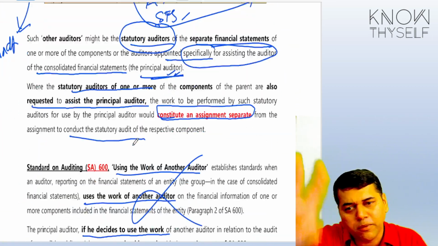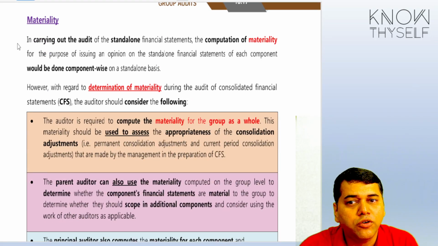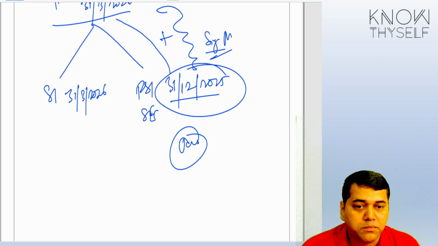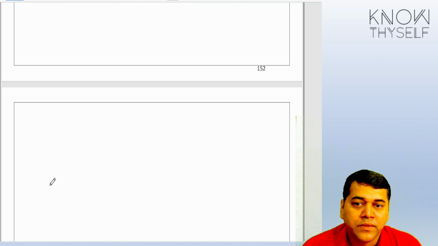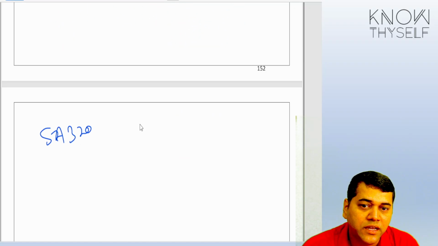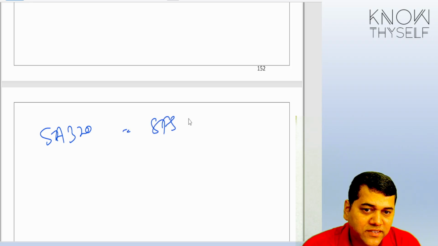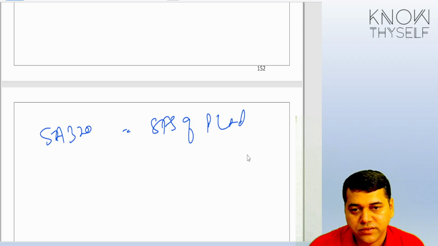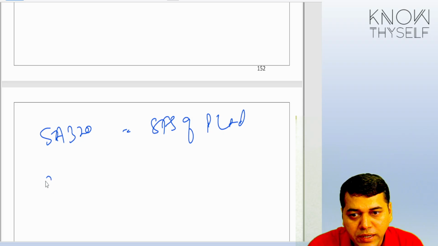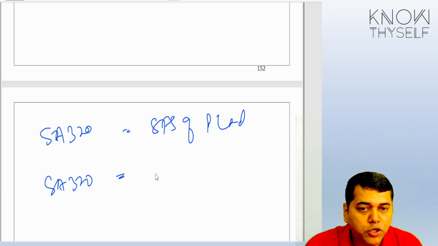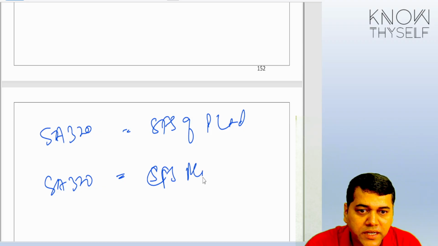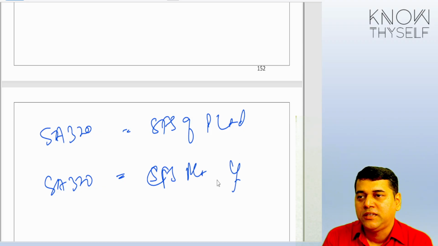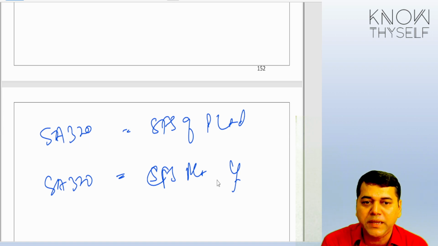Then fourth, you skip all these intermittent things, straight away go for the materiality. Because you as a principal auditor must have set the materiality as per SA 320 for SFS of P Limited. First question comes, is SA 320 applicable to CFS of P Limited? Answer is yes, because sometime back we have seen all the standards, because even the balance sheet is also the same like P Limited.